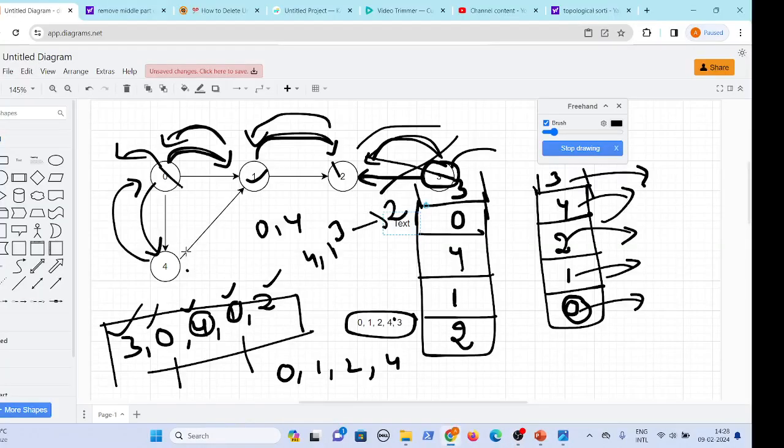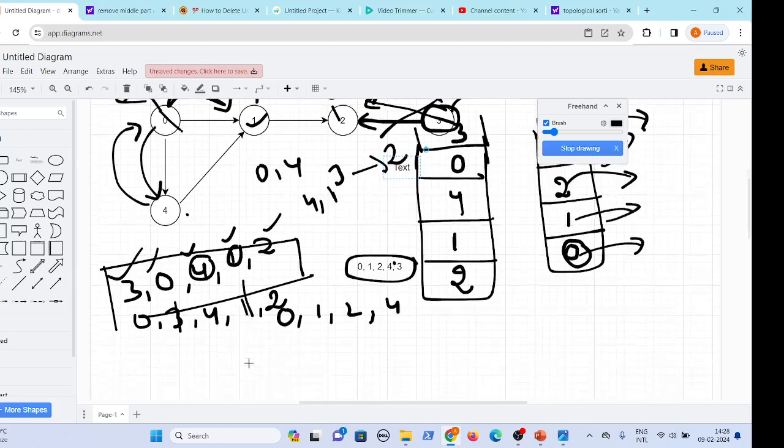There can be multiple topological sort orders possible. In this example, instead of 3, 0, I could have written 0, 3, 4, 1, 2. Even this is one of the topological sort orders, because for 3 there is only one edge, going to 2. So I can put 3 here, this is one order, right?